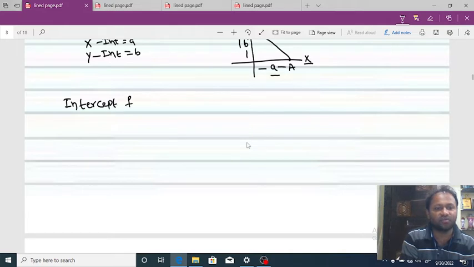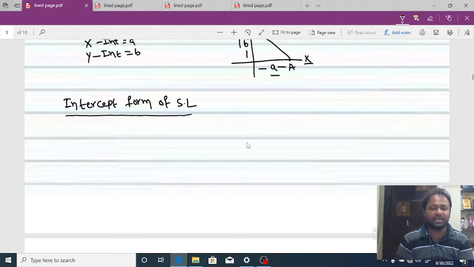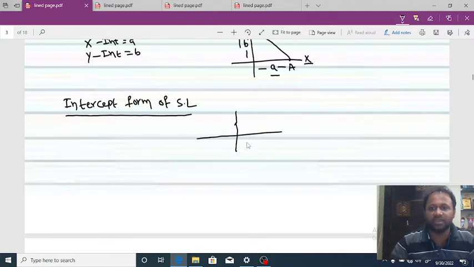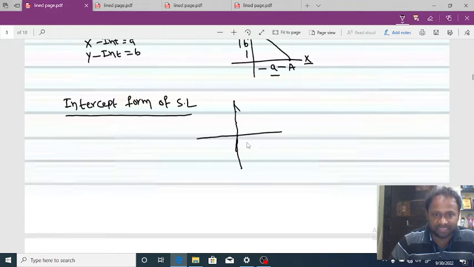Suppose I take the same y-axis as well as x-axis, and suppose one line is there.